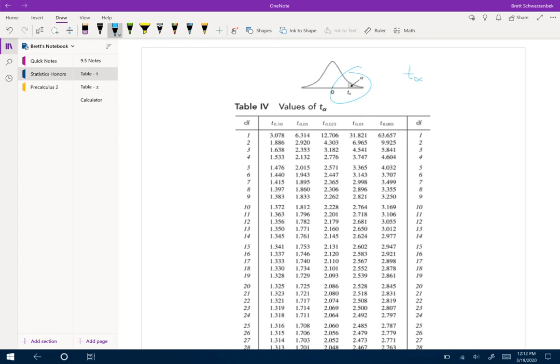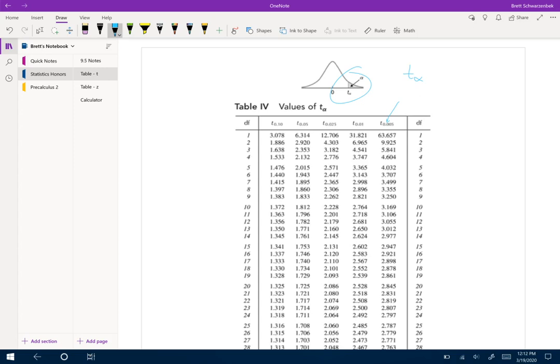So essentially, there's an area of alpha in the tail. But remember, p-values are tail areas. So when we're looking at a t-table, believe it or not, the areas are actually in the subscripts of our values at the top. These areas are p-values depending on alpha over 2.